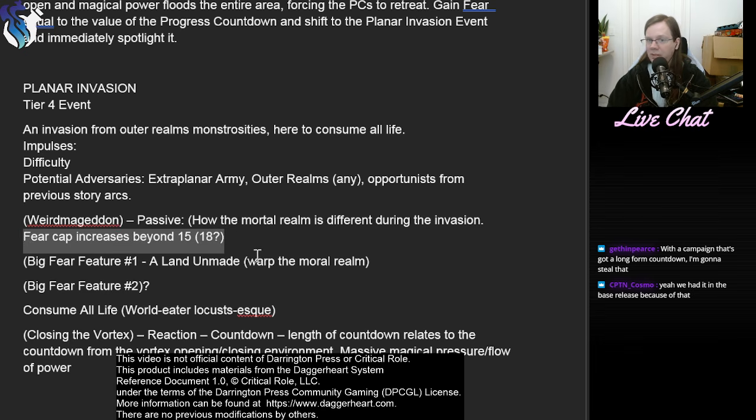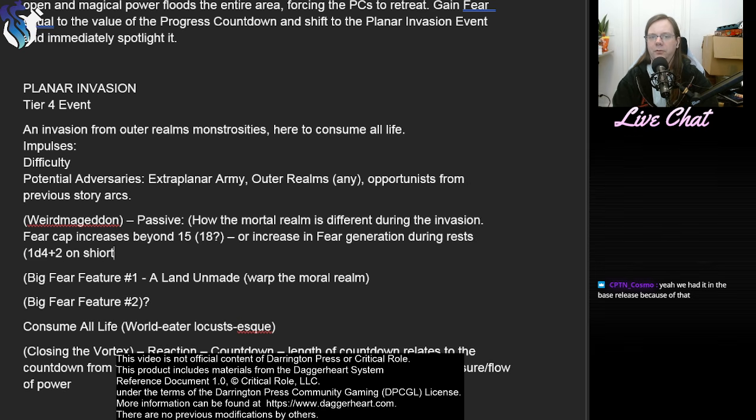Does the fear cap go even higher? I don't know about that, but I think in the invasion we'd want to at least keep that cap of 15. Or maybe we'd change something in how fear is generated, or increase fear generation during rests, right? 1d4 plus 2 on short rest.